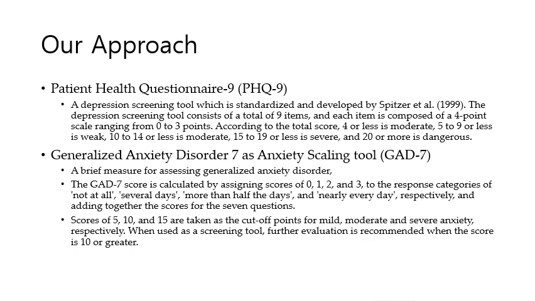Scores of 5, 10, and 15 are taken as the cutoff point for mild, moderate, and severe anxiety, respectively. When used as a screening tool, further evaluation is recommended when the score is 10 or greater.